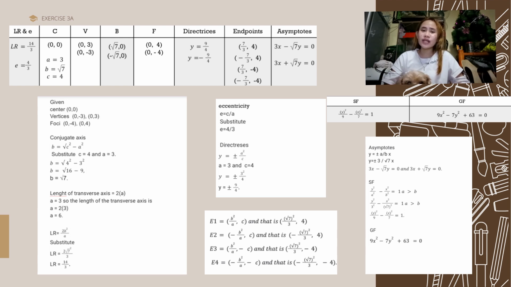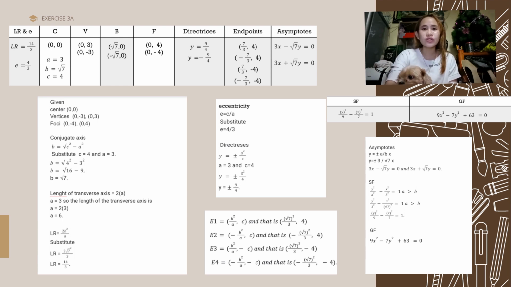Then, substitute lang natin yung y squared over 3 squared minus x squared over square root of 7 squared equals 1. And our SF is y squared over 9 minus x squared over 7 equals to 1. So, ayan, makita nyo naman yan sa PPT kung ano yung SF natin.